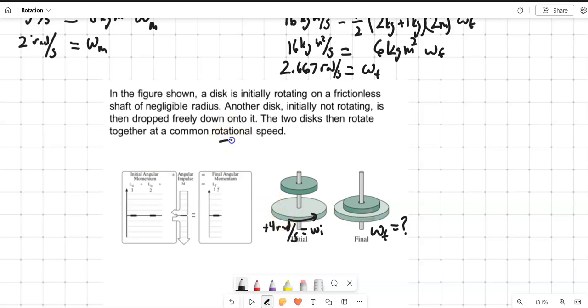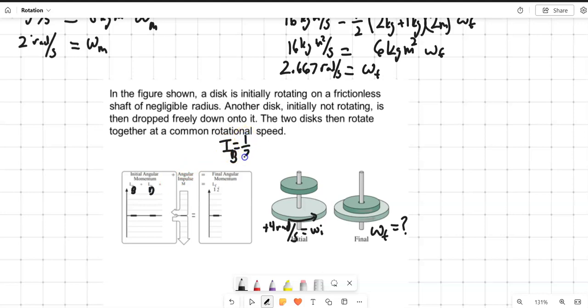And let's say that big disk, the big one, so we'll call this big disk right here, and this will be small disk.